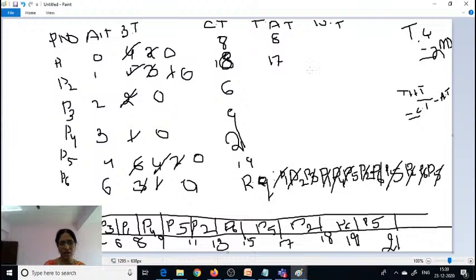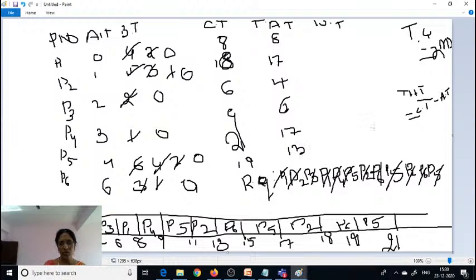For P4, 9 minus 3, 6. Next, for P5, 21 minus 4, that is 17. For P6, 19 minus 16, that is 13.